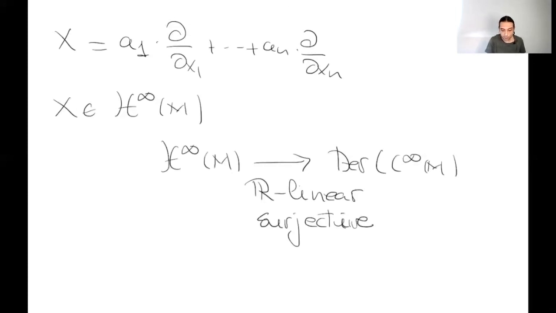If you have a vector field that provides the zero derivation, it is because these coefficients, even in local coordinates, are always equal to 0. So the kernel is the trivial vector subspace. So it's also injective. And so we have an identification of the space of C-infinity vector fields with the space of derivations of the space of C-infinity functions. And we are going to take profit of this identification in the next lectures.